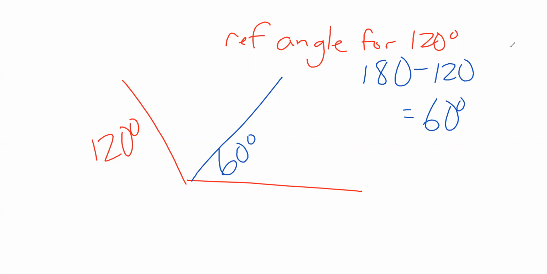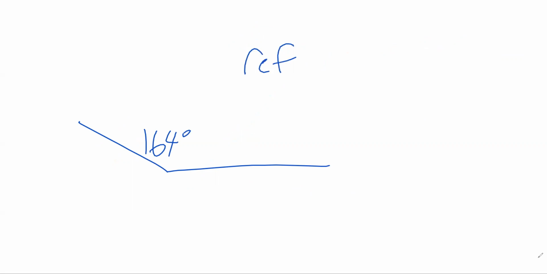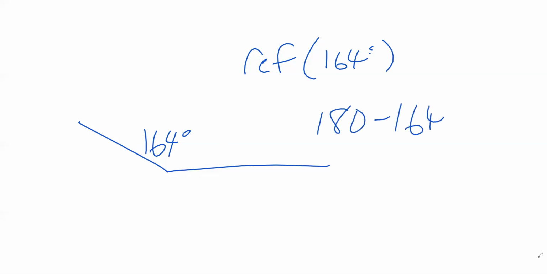If you had a strange measure, like say 164, once again, if you wanted the reference angle for 164, since you're in quadrant 2, you're going to do 180 minus 164, and it's going to be this angle.